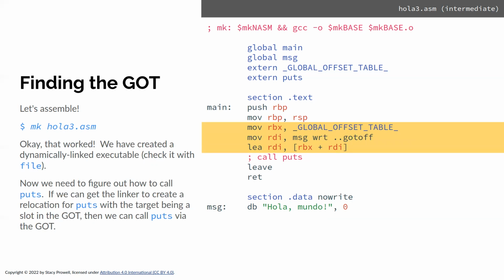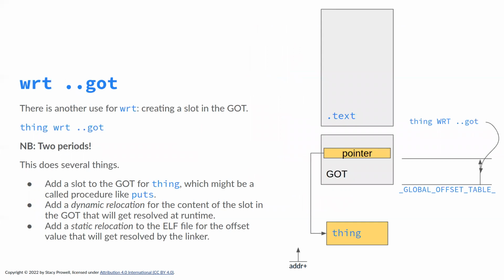If we can get the linker to create a relocation in the global offset table for putS, then we can get to putS via the GOT. And the way to do that is with another use of WRT, WRT..GOT. We're going to get there eventually, and so now we're there.